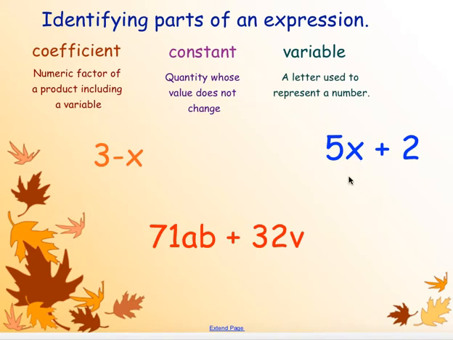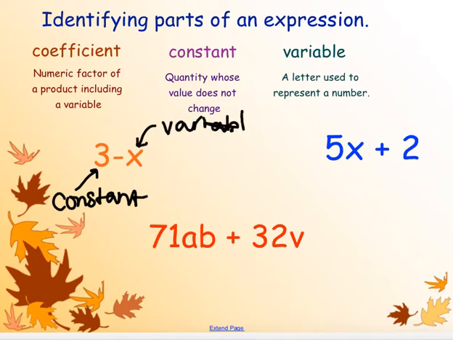So let's define some of these parts. So let's look at our one right here, 3 minus x. So first off, I can see this 3 is alone, so we're going to call that a constant. We know x, since it's a letter, it's going to represent a number, so that's called a variable. Now the question is, do we have a coefficient in this case? And yes, we do.